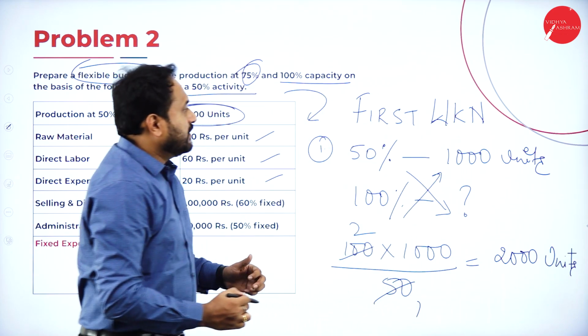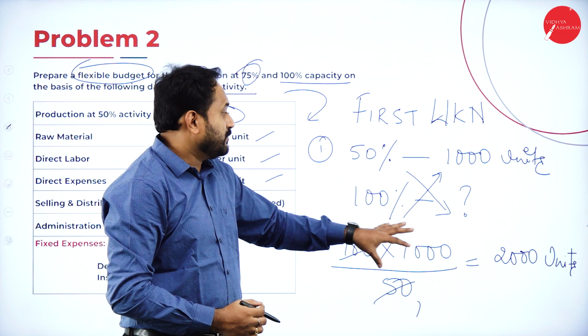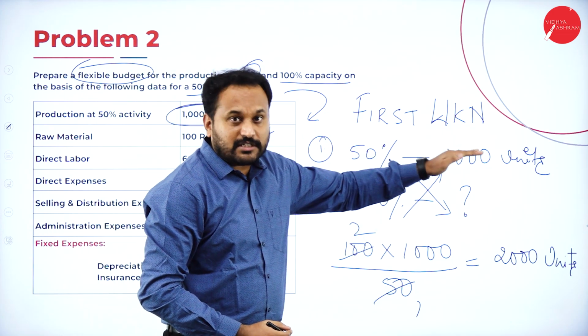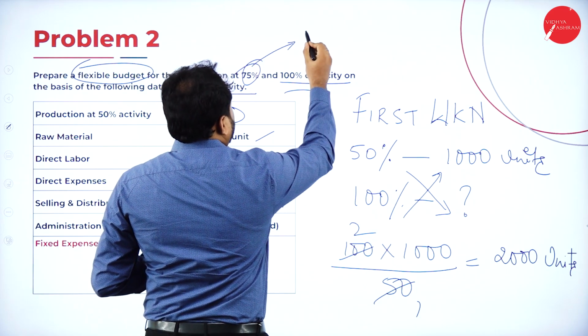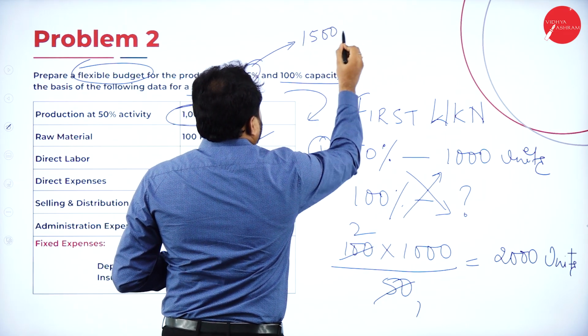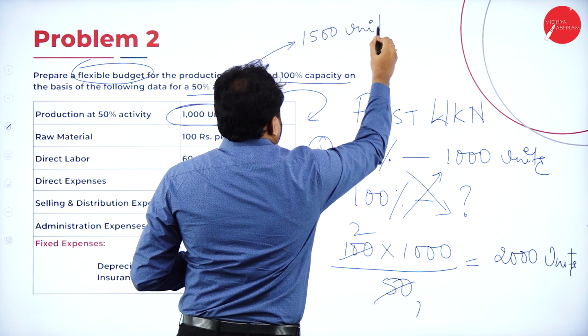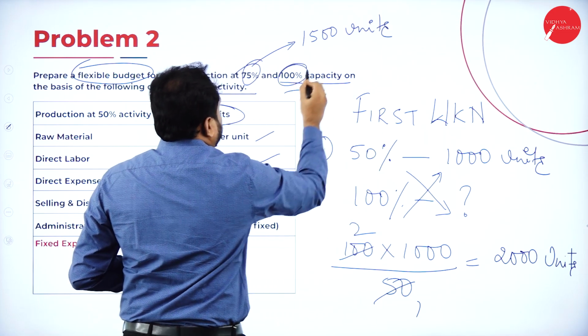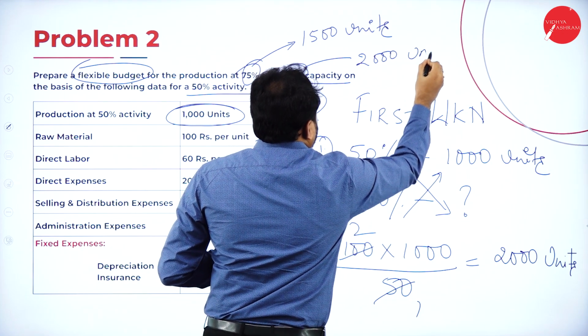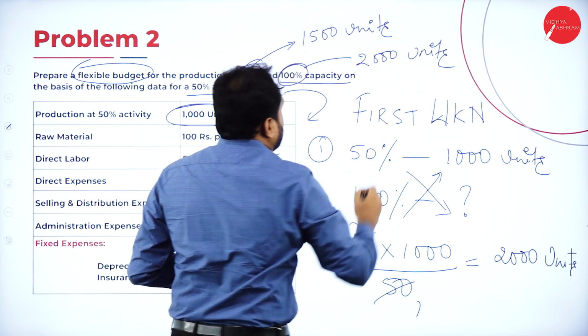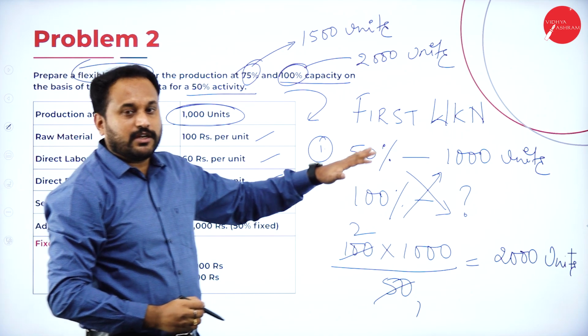So we got our second working note as well, that is 50% if it is 1,000 units, 75% we got 1,500 units, and for 100% we got 2,000 units. So we are done with our first working note.